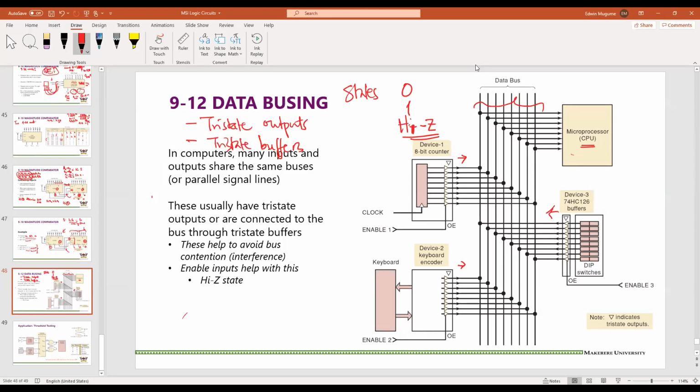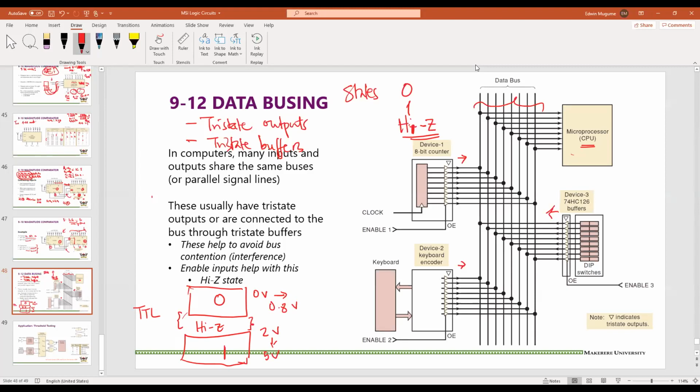For TTL, you have 0 volts to 0.8 volts, that is state 0, and 2 volts to 5 volts, that is state 1. Usually there is this indeterminate range, and this is where the high Z state is. So you cannot really say that you know the state of Z. It could be high, it could be low, it could be somewhere within there.